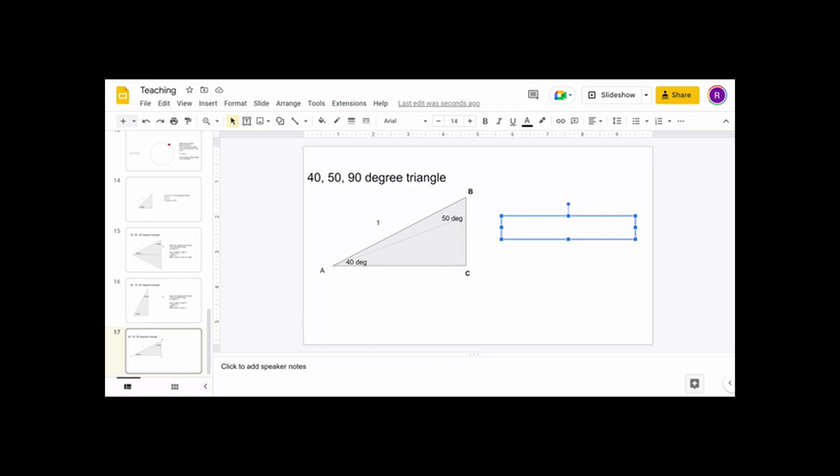Remember, we found something was approximately 0.707. What was 0.707? Square root of 1 by 2, sir. Exactly. 1 by square root 2 is 0.707. Will this BC be more than 1 by root 2 or less than 1 by root 2?